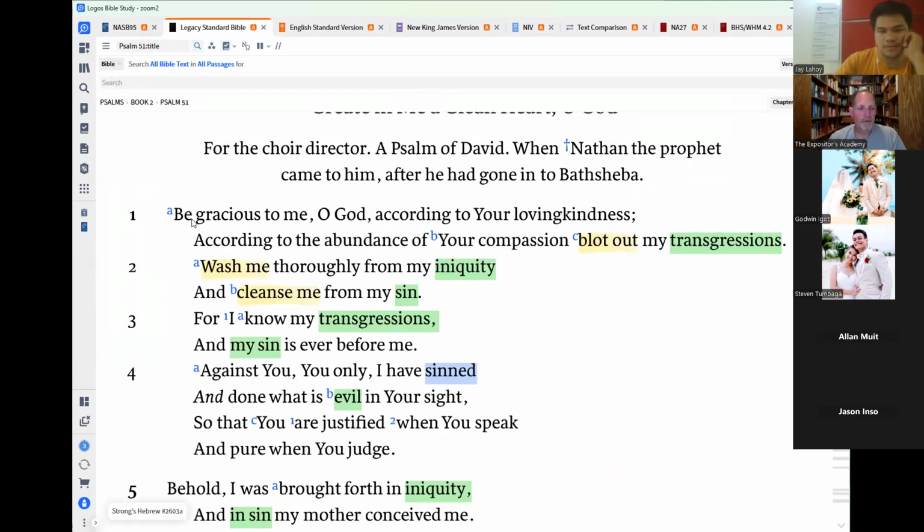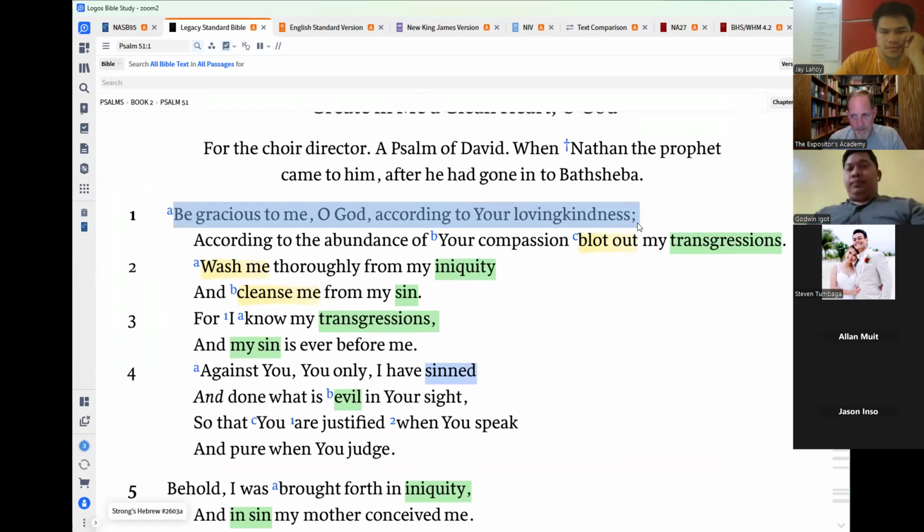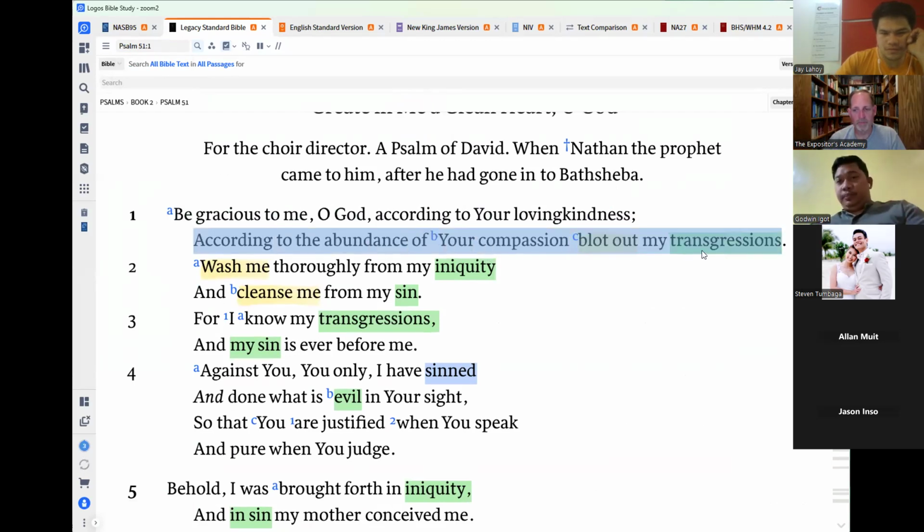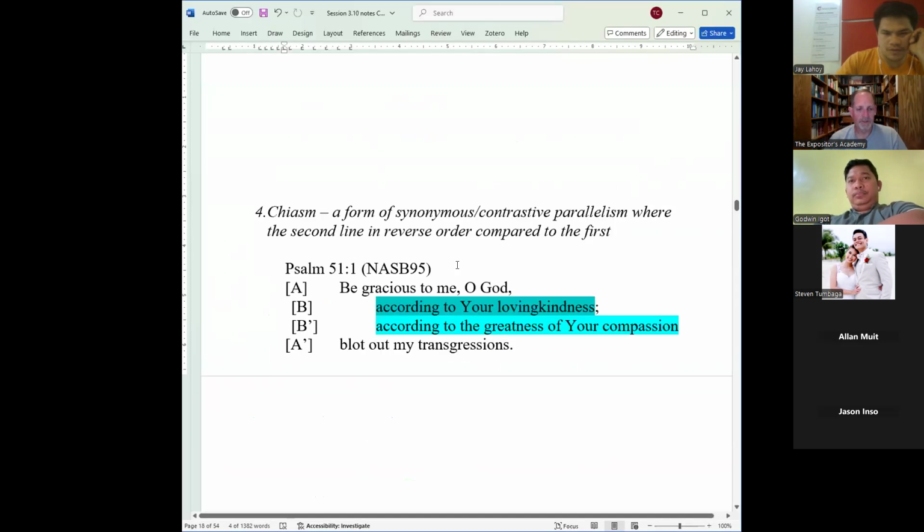All right. Be gracious to me, O God, according to your loving kindness. And then notice the second line. He reverses the word order. According to the abundance of your compassion, blot out my transgressions. All right. And so I write it out like this, just so you can see the chiasm. So the first and last lines go together, and then the middle two lines go together.